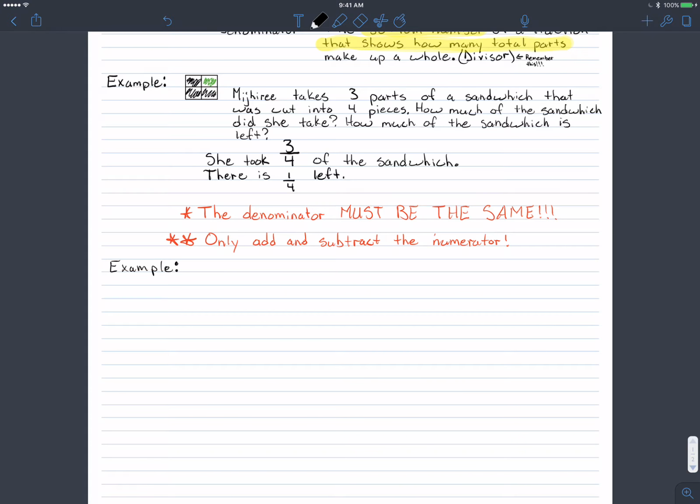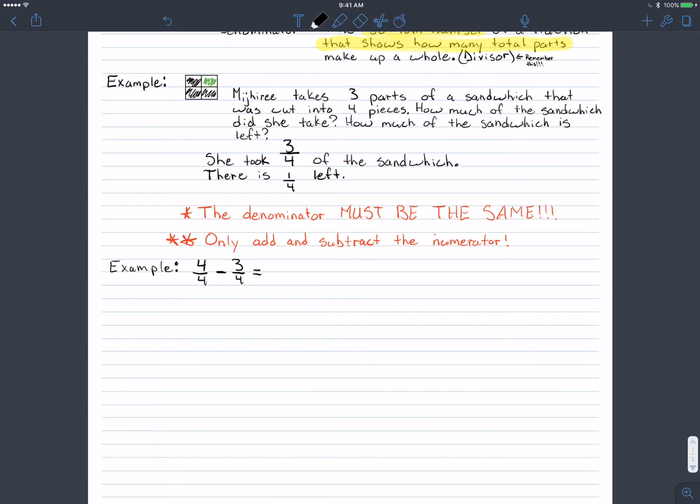She took 3/4 of the sandwich. If she took 3/4 from the entire 4/4 of the sandwich, we have a subtraction problem. 4/4 minus the 3/4 that she took.